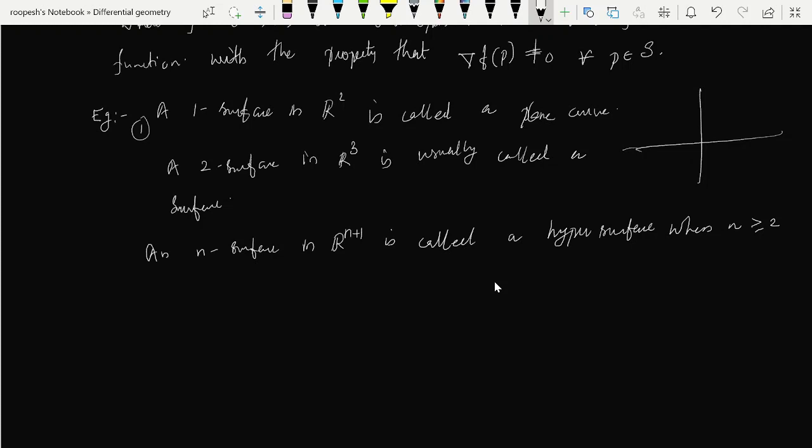We have already seen what a hypersurface is. A hypersurface is a subset whose dimension is 1 less than the ambient space. If it is an n-dimensional space and you take an (n minus 1)-dimensional subspace, that is a hyperspace. In the same way, when you have an n-surface in R^(n+1), its dimension is 1 less than R^(n+1), so this is called a hypersurface.